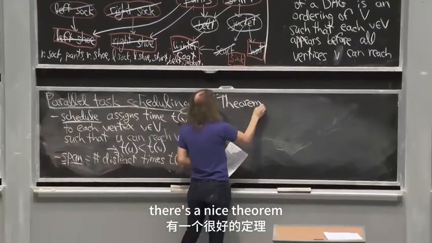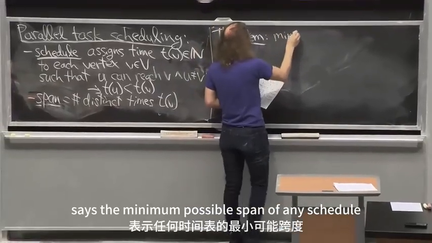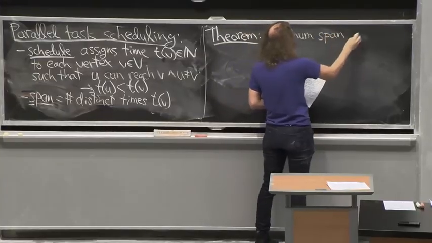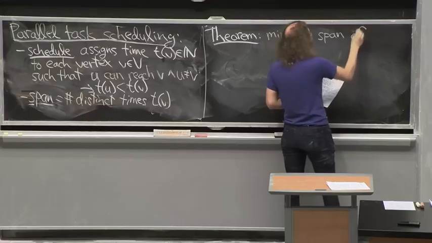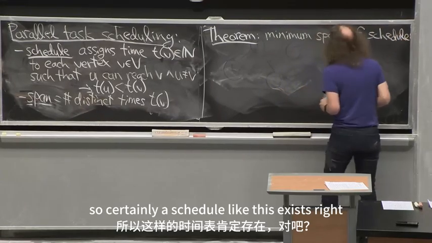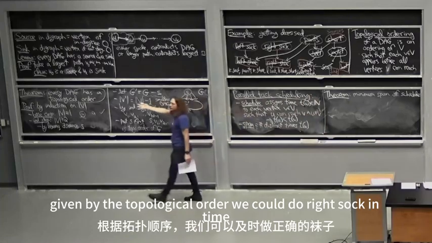And now, there's a nice theorem. It says the minimum possible span of any schedule, so certainly a schedule like this exists, right? We could do the one given by the topological order.